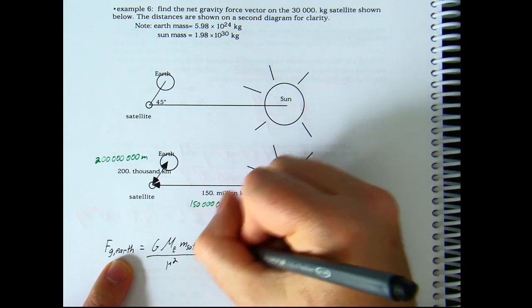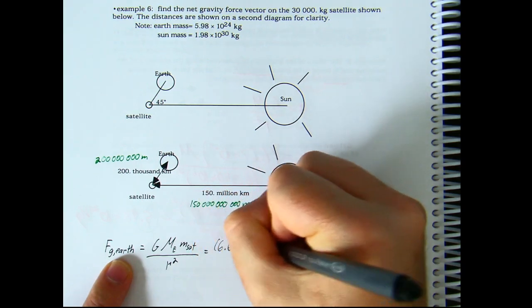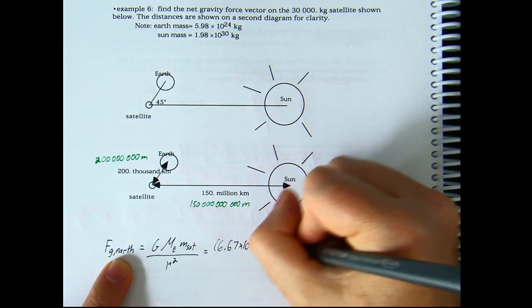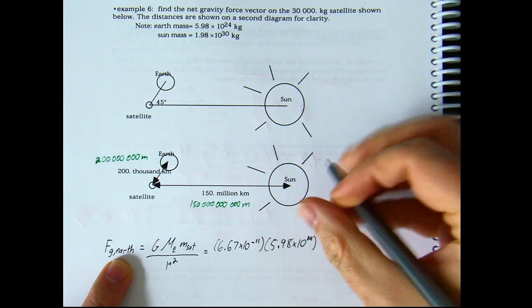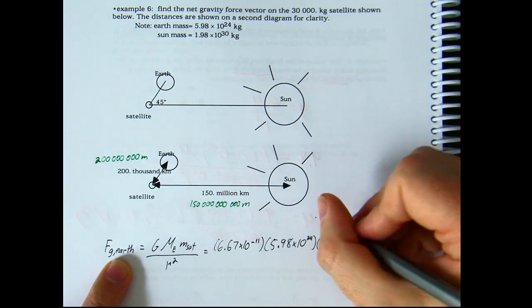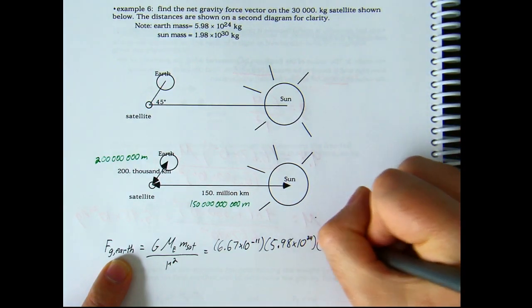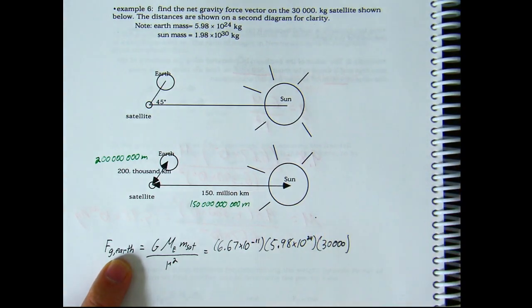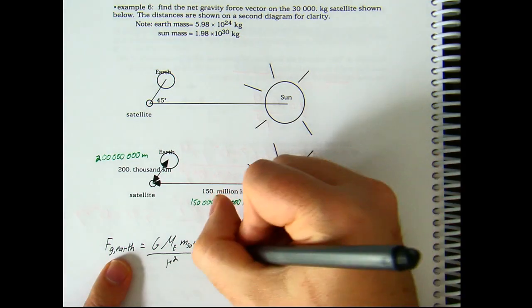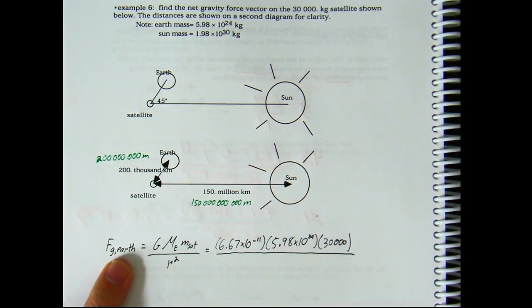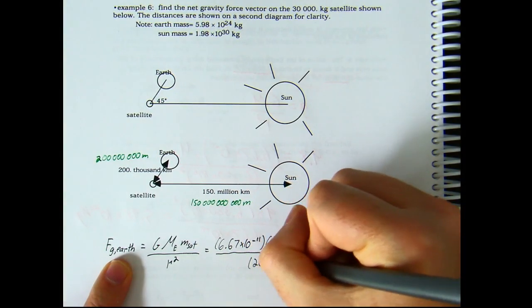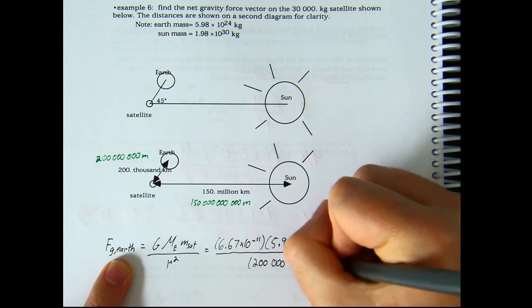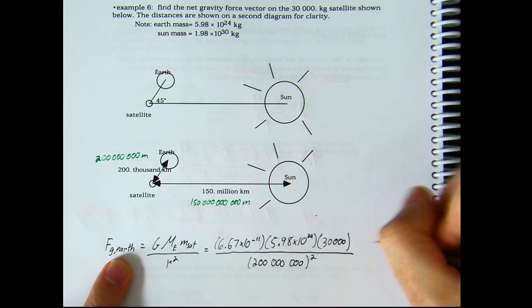So we're going to have 6.67 times 10 to the negative 11. Mass of Earth is 5.98 times 10 to the 24. We're told already that the mass of the satellite was 30,000 kilos. Big satellite. And we're going to divide that by the distance between them, which we already said was 200 million meters. Don't forget to square that.